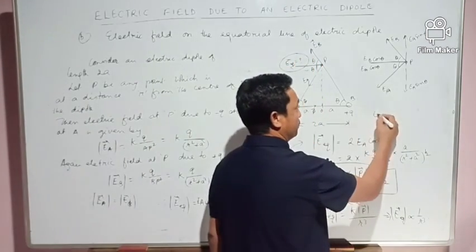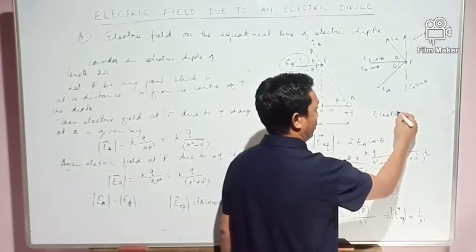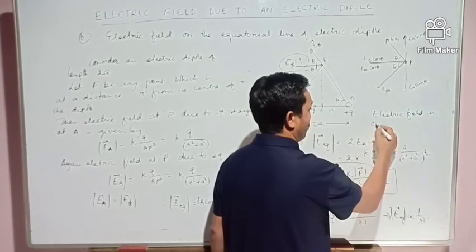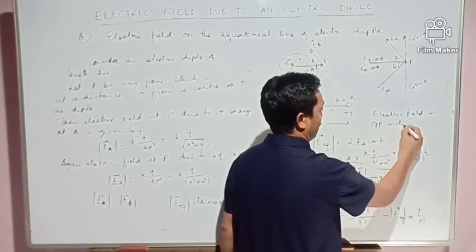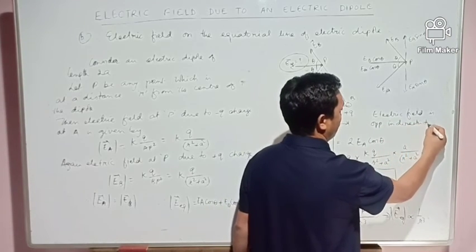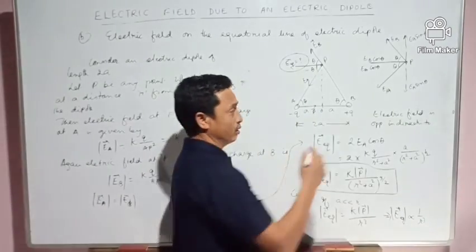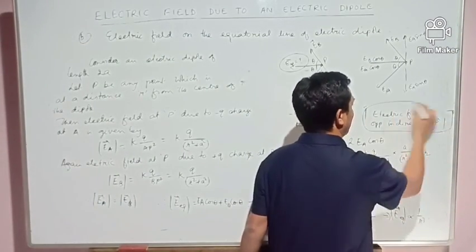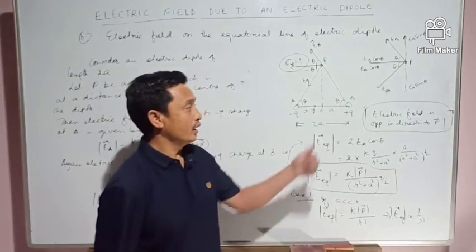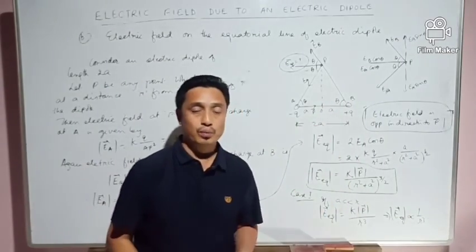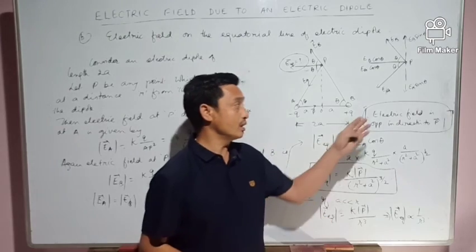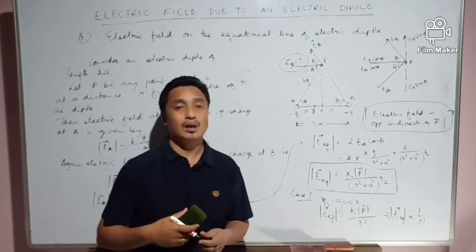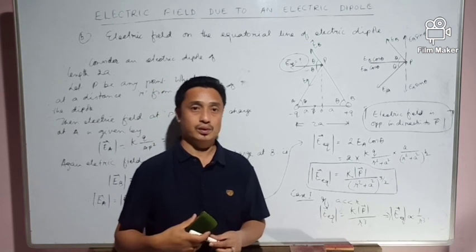Here the electric field is opposite in direction to that of P. In the previous case, we got the electric field in the same direction as the dipole moment, but in this case the electric field is in the opposite direction to that of the dipole moment. Thank you.